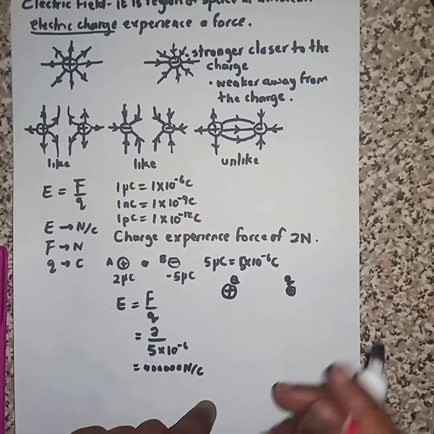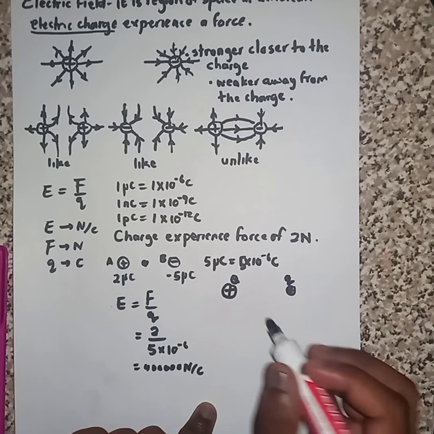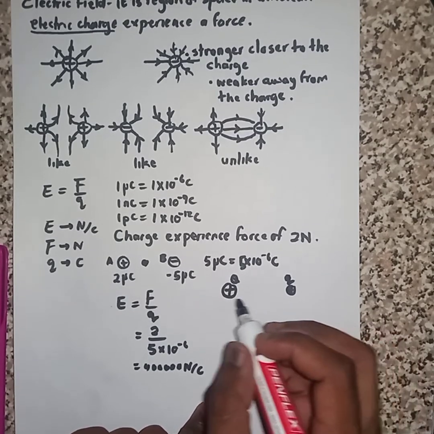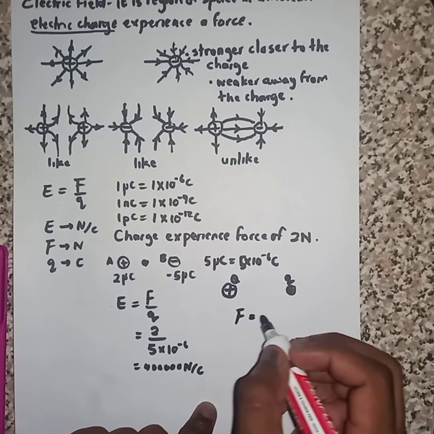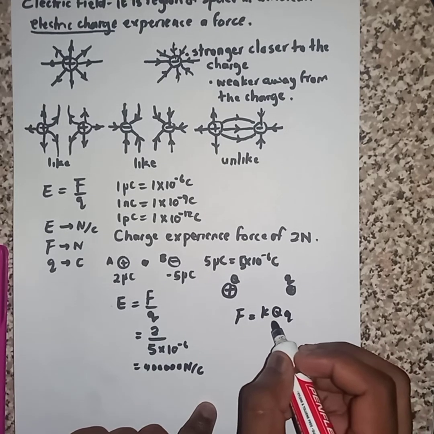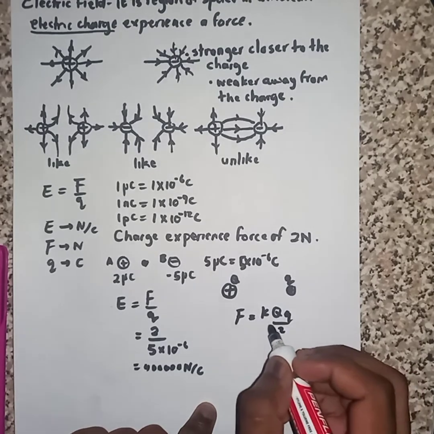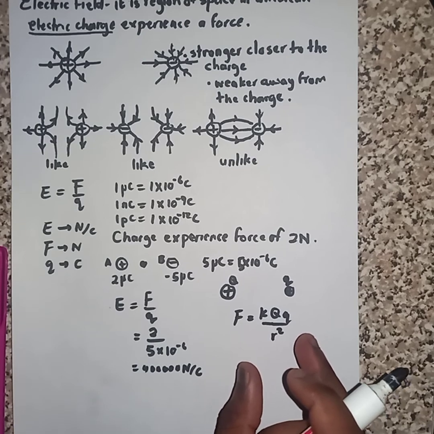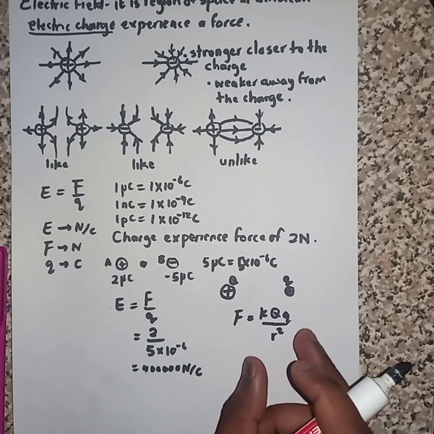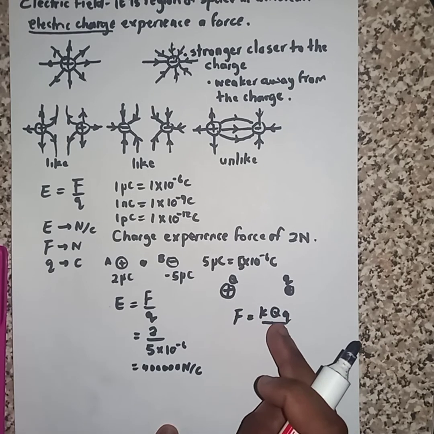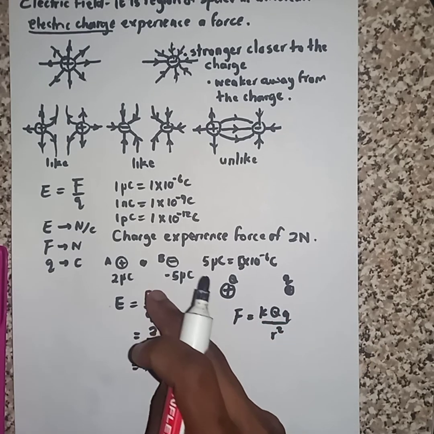If I use Coulomb's law to calculate the electrostatic force, it is going to be F equals K Q together with small q over R squared. Do you see? This is the formula of the Coulomb's law.